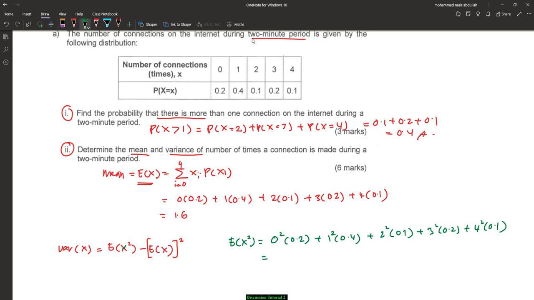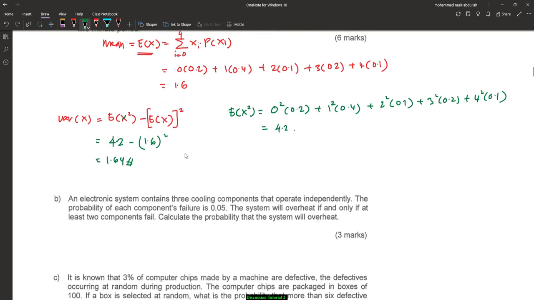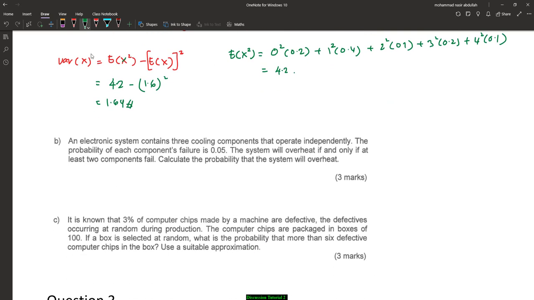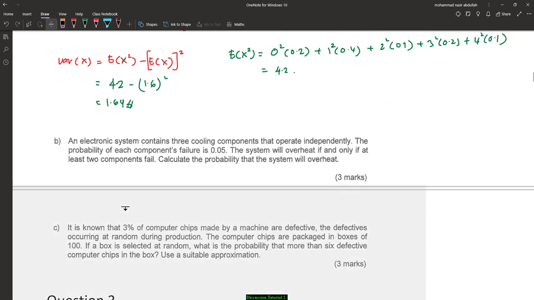So this one should be equal to 4.2, right? Then you just plug in the value inside the formula. So 4.2 minus 1.6 square. So this one should be equal to 1.64. So you got the same answer? Right, good. So then you should be good. Answering the exam later will be easy, not difficult at all.